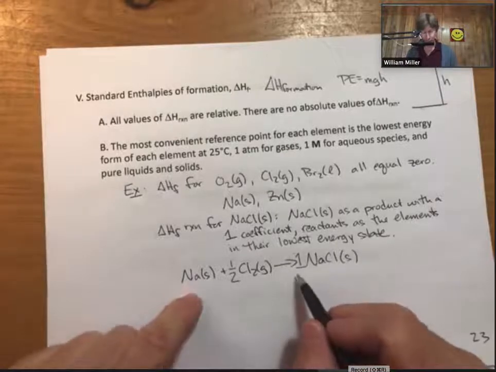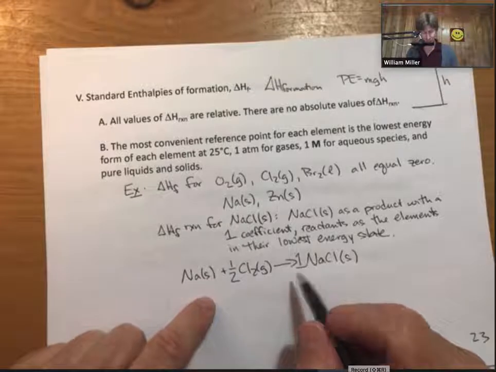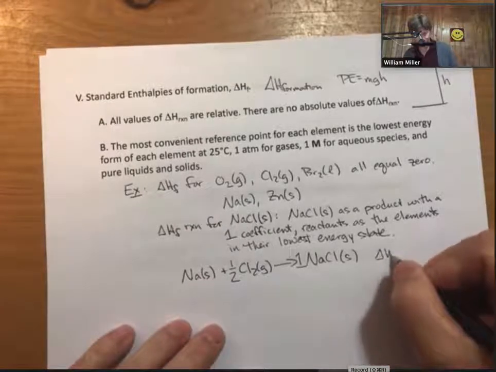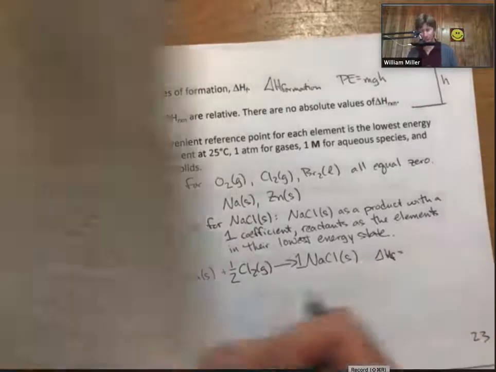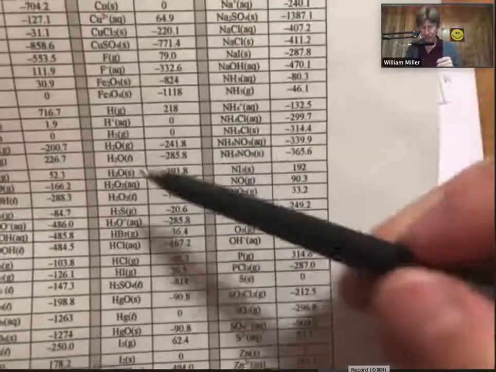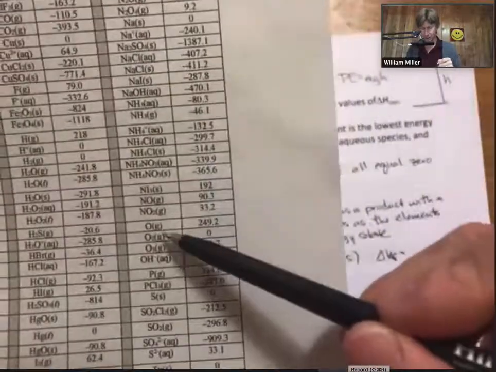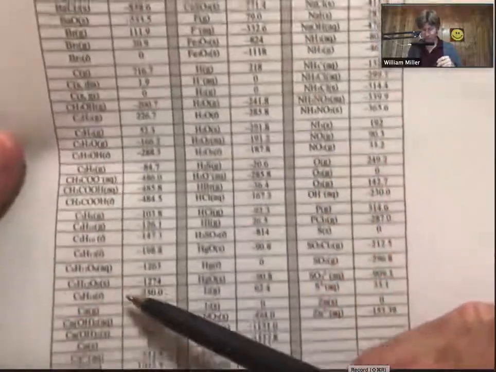All right, let's see. So that's a delta HF reaction. The delta HF values are what are tabulated over here. We can see H2 is 0, O2 is 0. Let's see if we can find Cl2 on here.